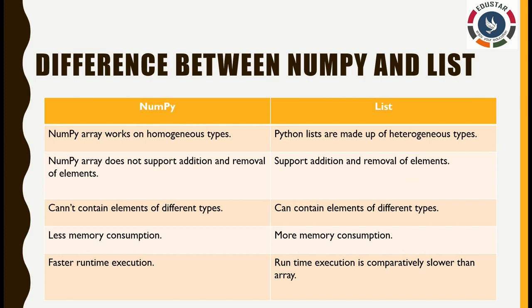If you are running a program, the user wants to get the result within a second. When it takes less time and less space from memory, it displays the result soon. So if you are using an array, the user can get the result fast. Runtime execution of a list is slower than the array, so compared to the array, the list takes some more time.